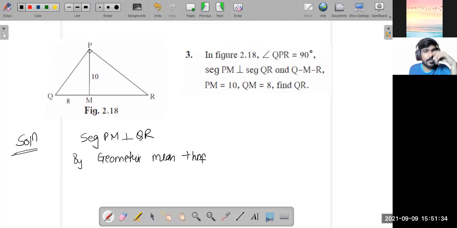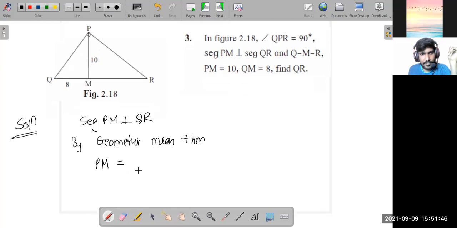Can you tell me what it will be by the geometric mean theorem? Wait, I'll tell you. PM equals square root of QM into MR, not plus. Oh, I did plus in the earlier one. One second, I'm just making it.